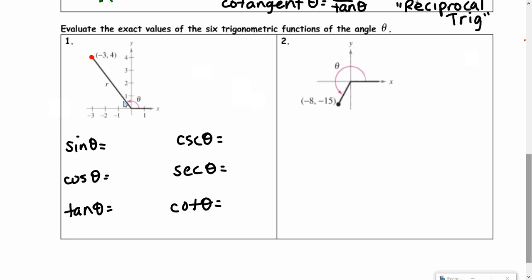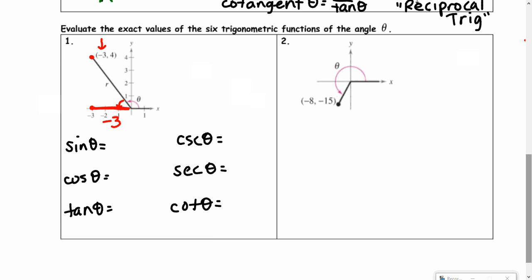So my reference angle would be the acute angle between the terminal side and the x-axis. So that means my adjacent side is going to be how much I went over to the left here, which would be my x value of my point, which is -3. My opposite value would be how much I went up.